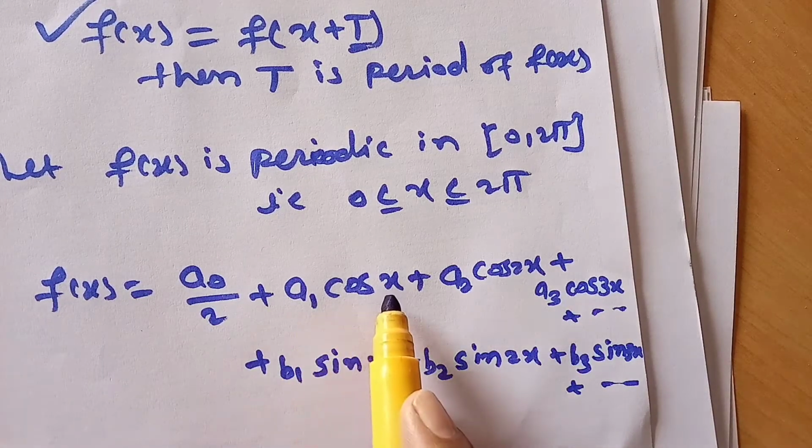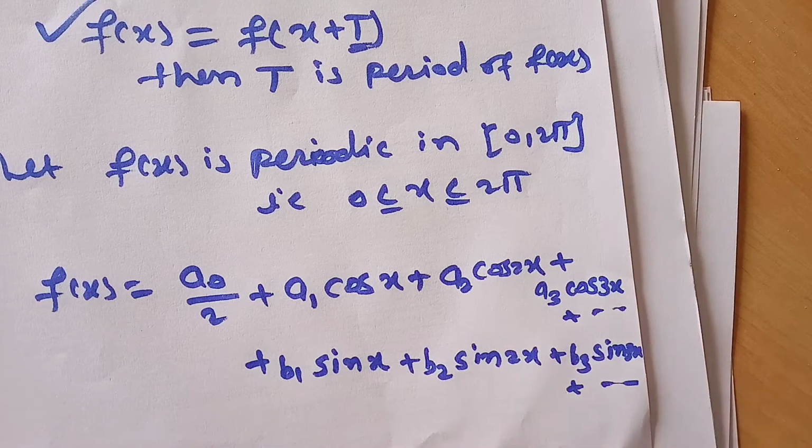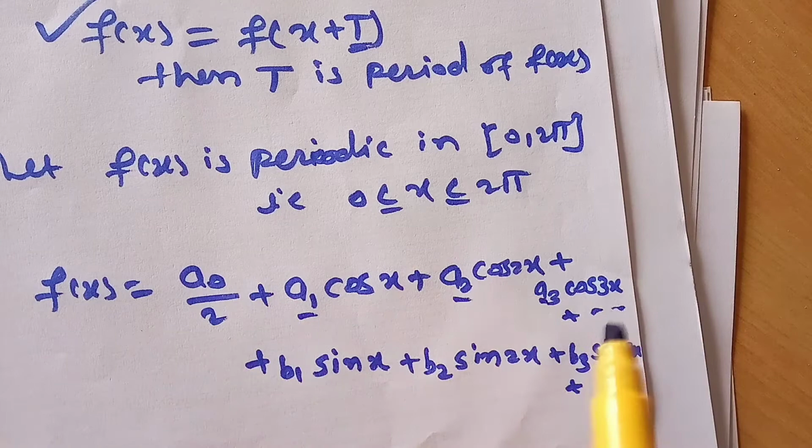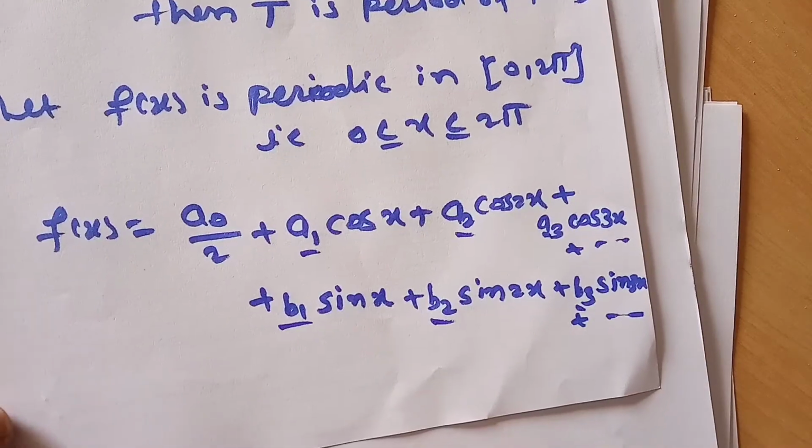This is a1 into cos x, a2 into cos 2x, a3 into cos 3x and so on. b1 into sin x, b2 into sin 2x, b3 into sin 3x and so on. That means a1, a2, a3 are the coefficients of the cosine terms, b1, b2, b3 are the coefficients of the sine terms.